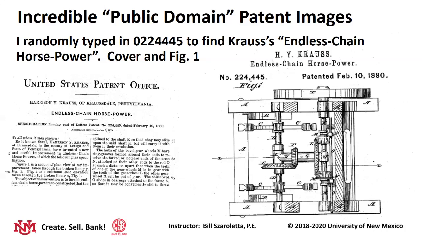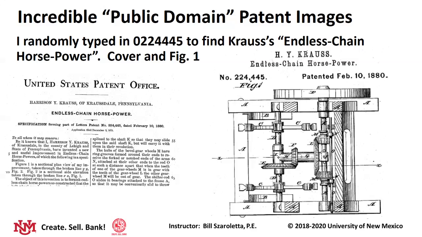So I typed in 0224445, and I found Krauss's endless chain horsepower. And that looks pretty cool, as far as how things work. It's got a description, and this mechanism is nicely drawn with shading and various things like that.